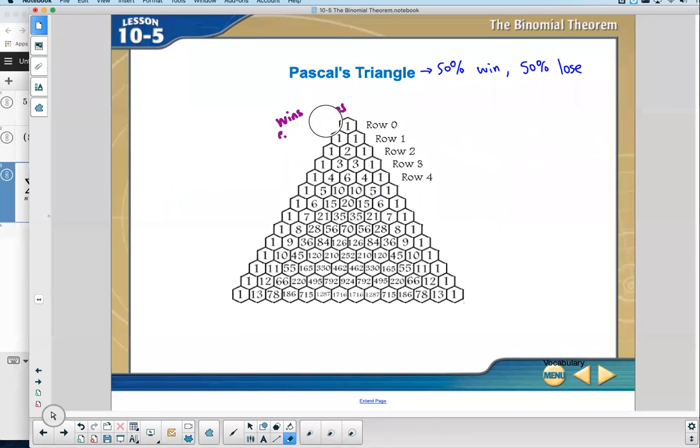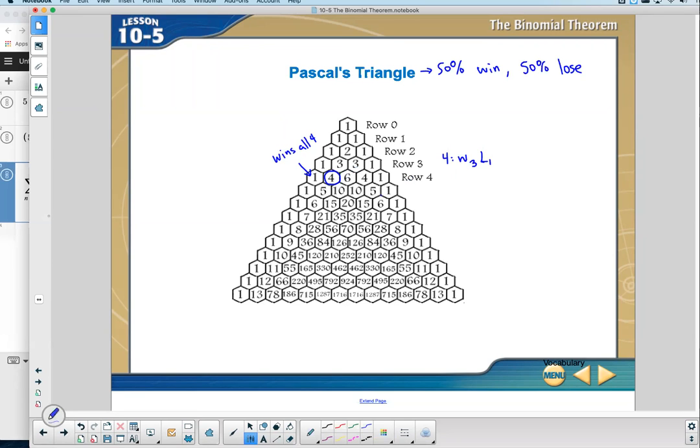If you were going to play the game 4 times, so I'm going to flip that coin 4 times. What that is saying, for every one person who wins all 4, you'll have 4 people who will win 3 times, let me just do W3, win 3 times, but lose once.